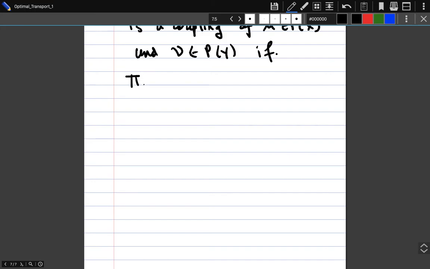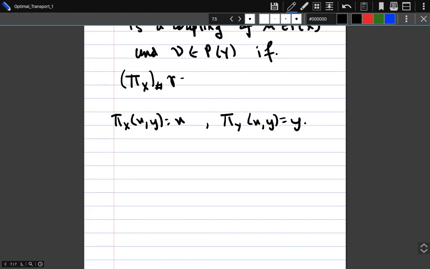So pi of x, y is simply x, and let me write here, pi of x, y is simply y. So it's just a projection map. If you take the push forward measure with respect to this projection map, then you should recover the laws mu and nu.